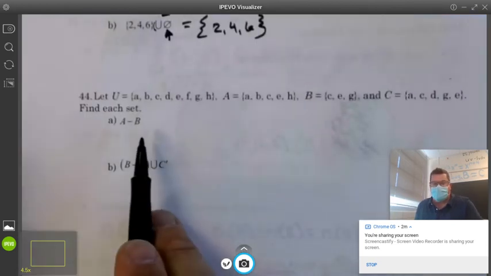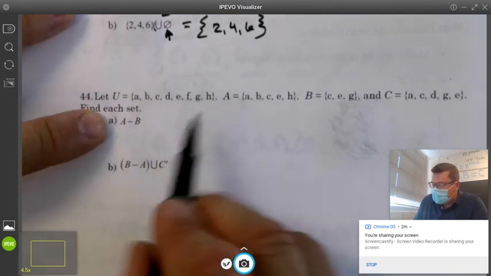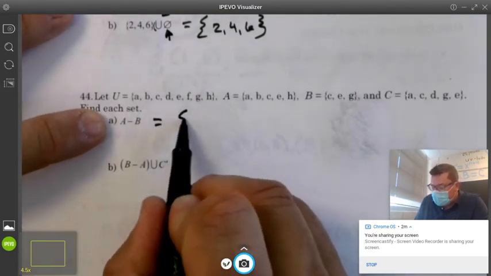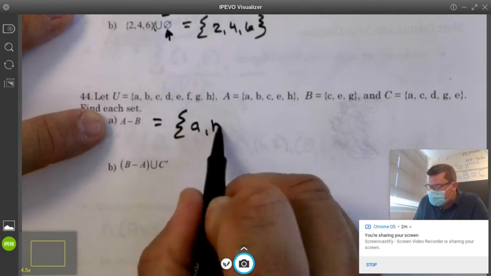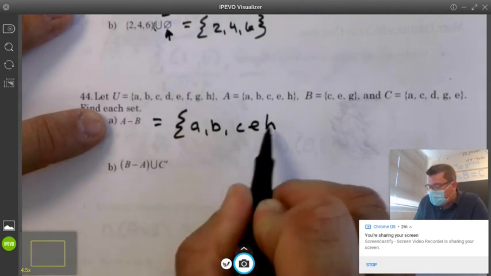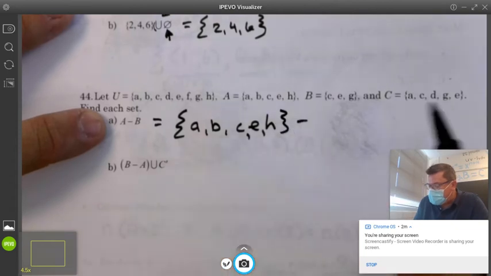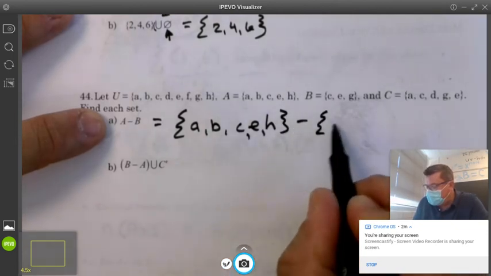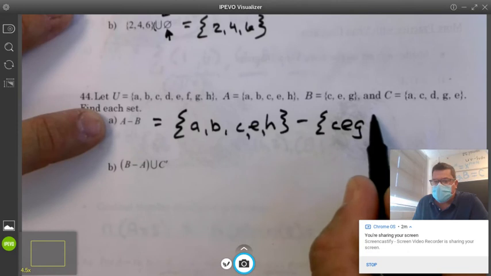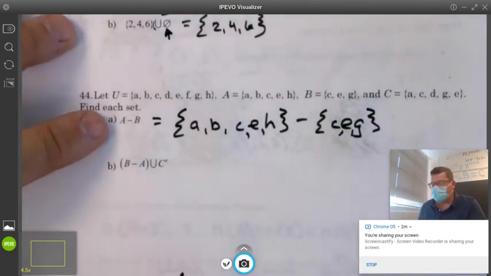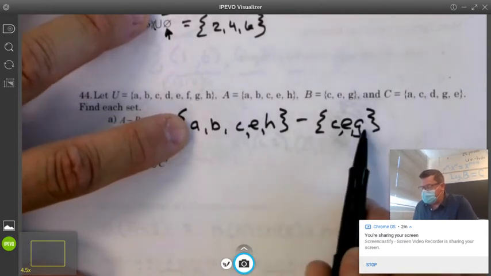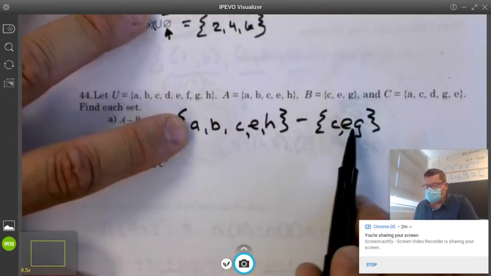How about subtraction of two sets? We're going to start with A. Remember, subtraction is not commutative. A is the set minus B is the set, and start subtracting. A minus, nothing cancels.